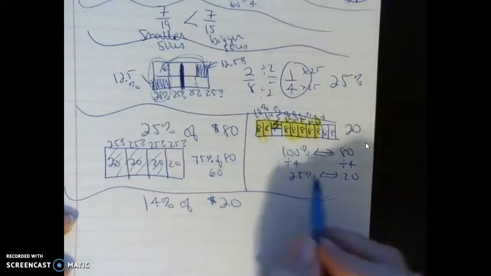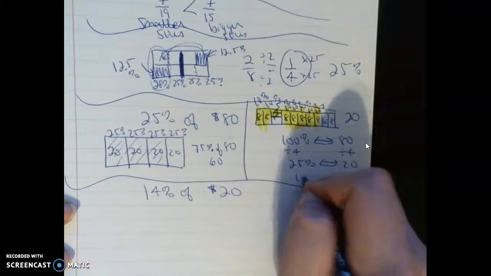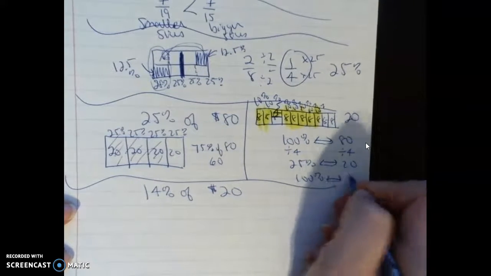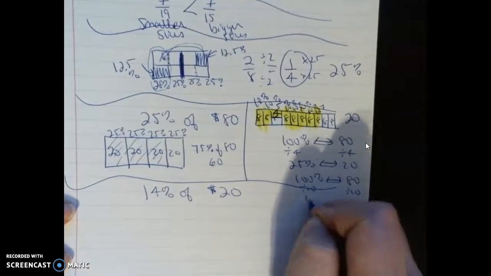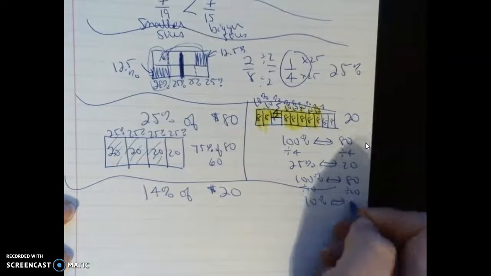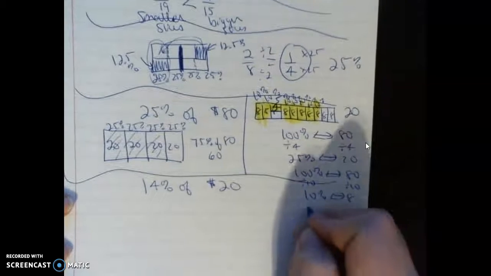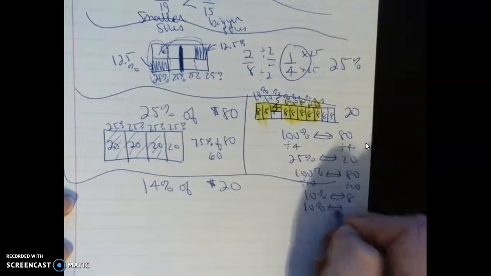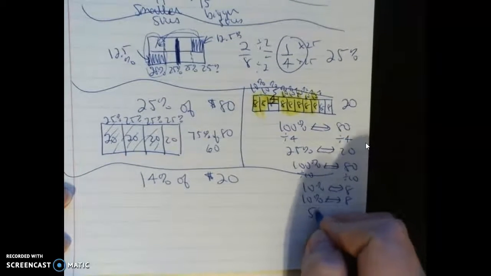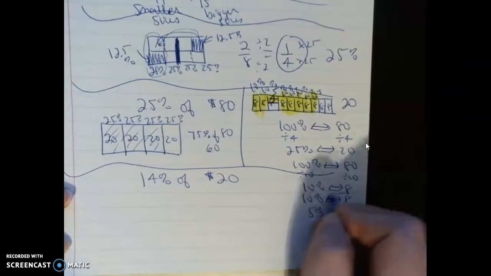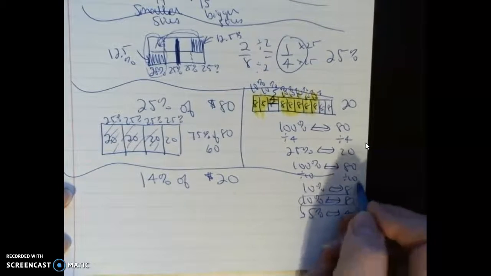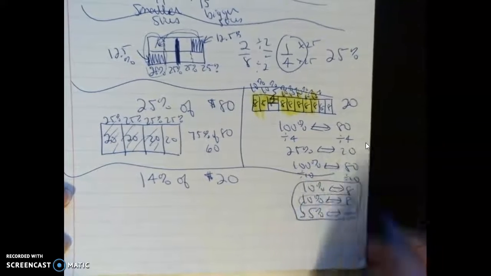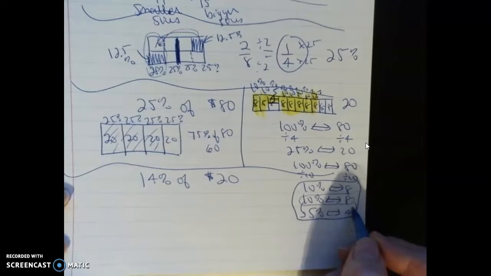The other thing I could do is take my 100% and my 80 and divide by 10 on both sides, and I could get 10% is 8. And then I could do 2 of those because 10% twice is another 8. And then I could do 5%, which is half of 8. So if I divide this by 2, divide by 2, I get 4. And then I could combine all of those to get my 20.